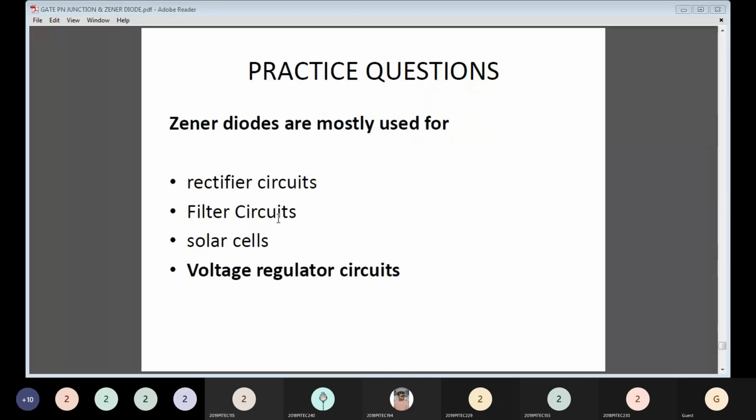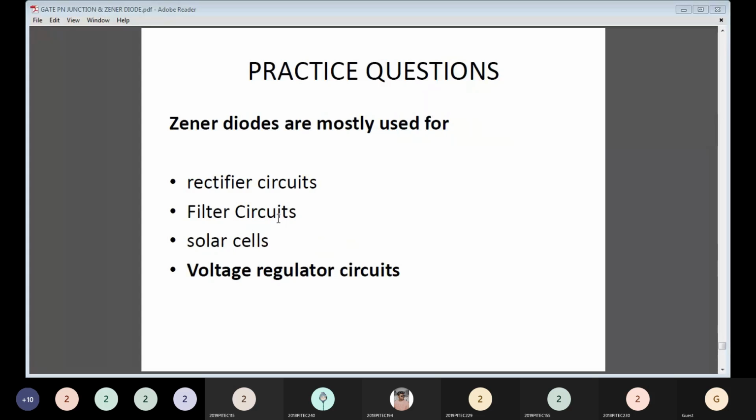Next. Zener diodes are mostly used for, the four options are rectifier circuits, filter circuits, solar cells, and voltage regulator circuits. So Zener diodes are mostly used for voltage regulator circuits, to regulate the voltage across the circuit.